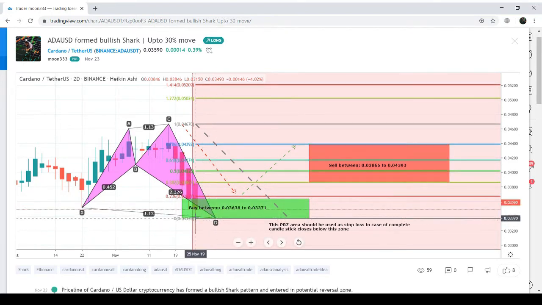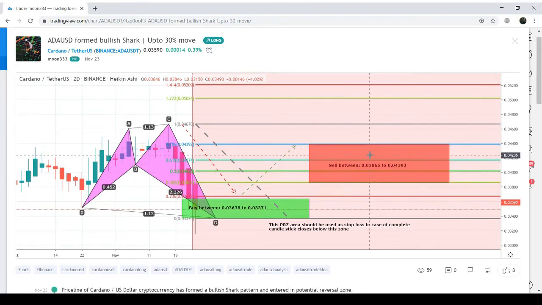And here we can see the price action is retraced up to 1.13 Fibonacci. Even it has given a spike beyond the 1.13 Fibonacci, but it is moved up again and entered in the potential reversal zone. And this is our buying range, and these are the sell targets. So this trade has the capacity to give up to 30% if we sell between this area.